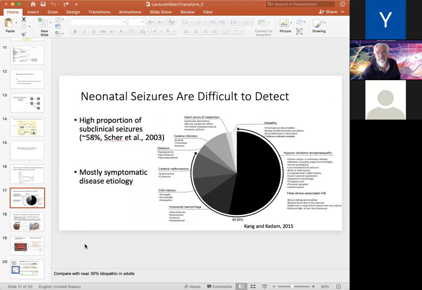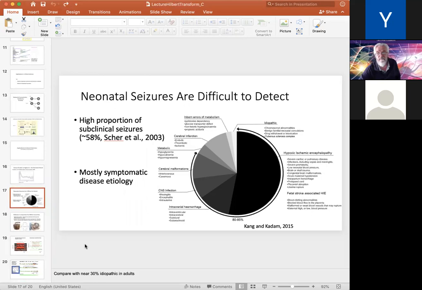What symptomatic means is that these seizures are a result of some type of extrinsic factor that leads to acute central nervous system insult. And because of the resulting brain damage and limited central nervous system development in most neonates, the majority of infants end up having subclinical seizures.